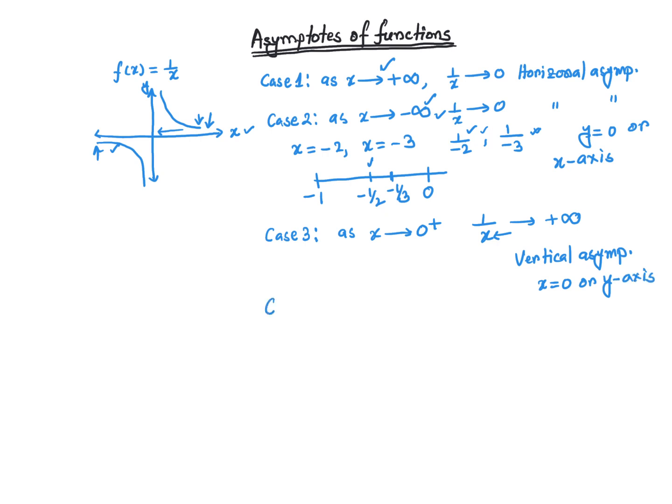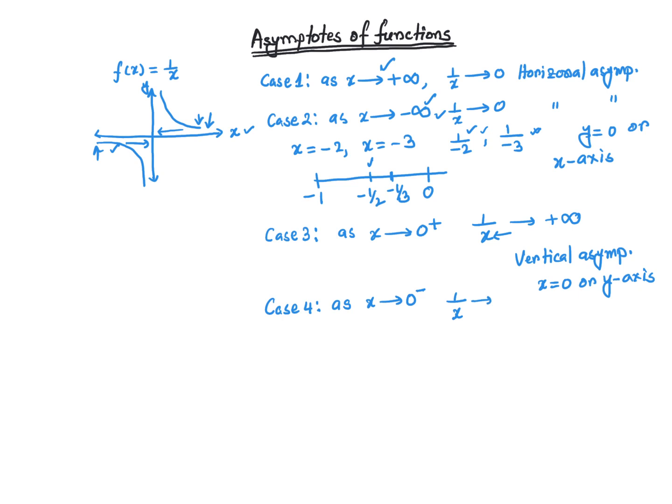And case 4 is going to be as x approaches 0, but from the negative side. In that case, what happens to 1 over x? Look, it's approaching from the negative side, meaning that all the x values are going to be negative. If x values are getting closer and closer to 0 from the negative side, what happens to 1 over x?